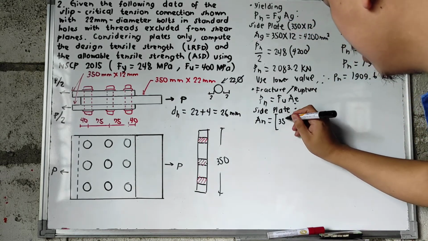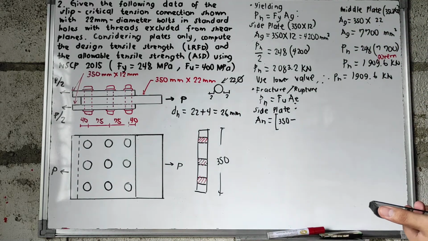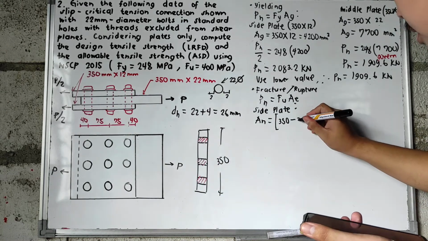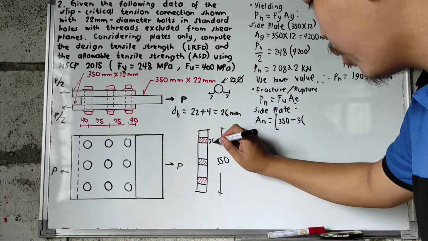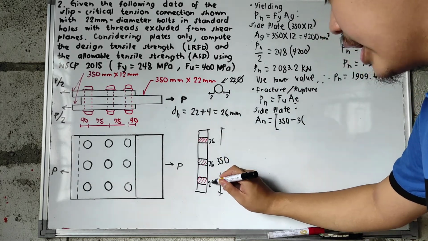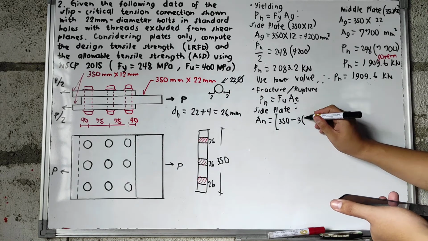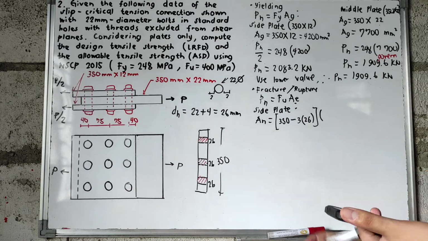So, 350 minus, kung ilang butas yung makikita natin, so we have 1, 2, at saka 3. So, yung dimension ng kada butas natin, that is equal to 26, multiplied by 3. So, ito yung net width natin multiplied by the thickness.